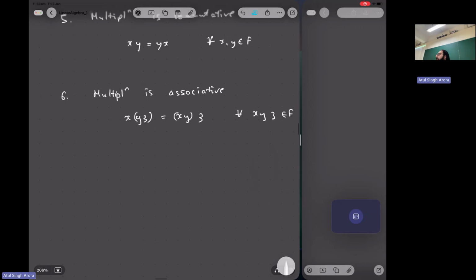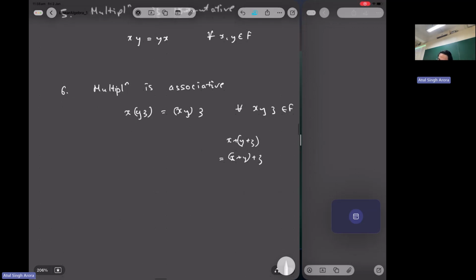It's basically following what we did for addition. Remember we had x plus y plus z, and we said whether you group it one way or the other, it's the same. So it's essentially the same idea. It doesn't matter which order you do the operation in. So that's what is meant by associative.